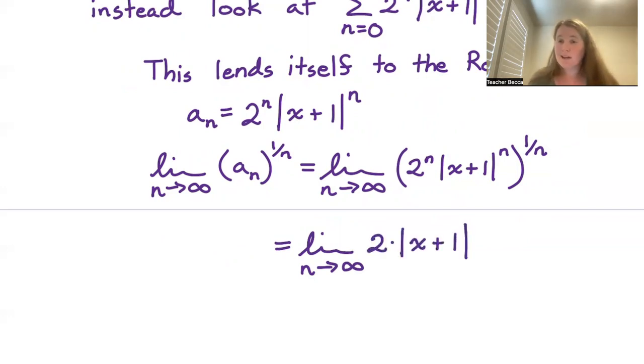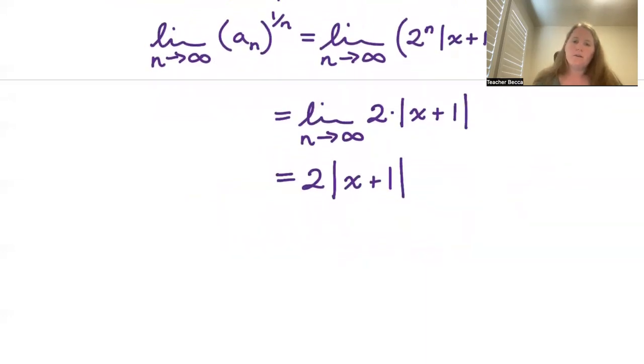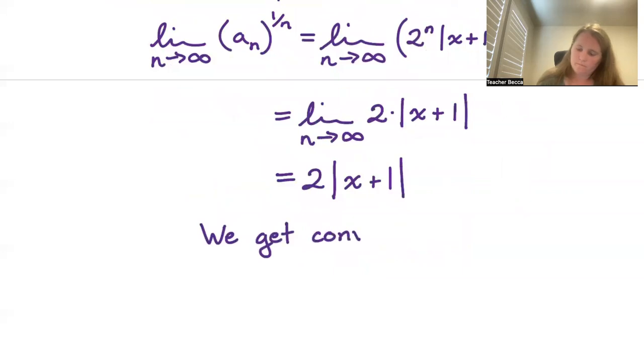So for the root test, we get convergence as long as this is less than 1. If we take this limit, we have no n's involved. So we just have 2 times the absolute value of x plus 1. So we get convergence whenever this is less than 1.